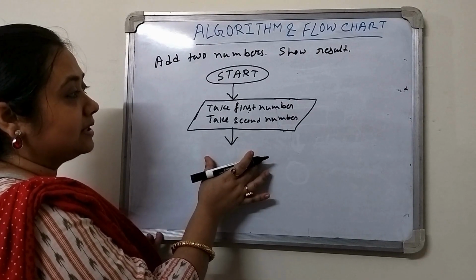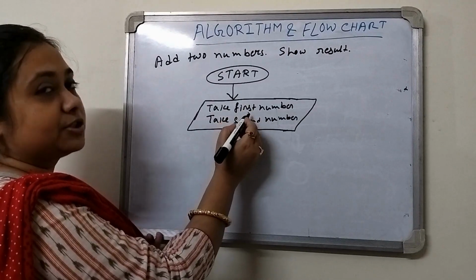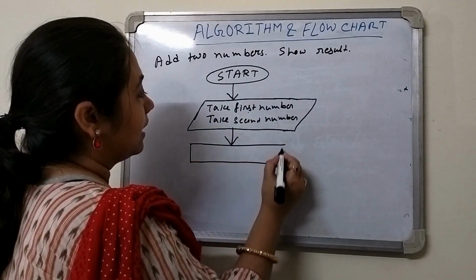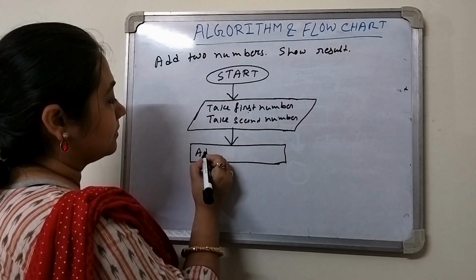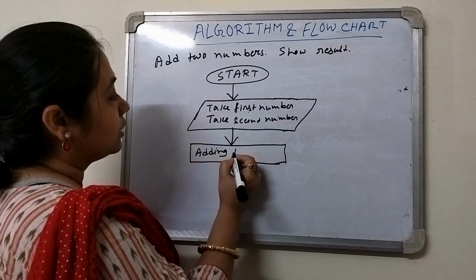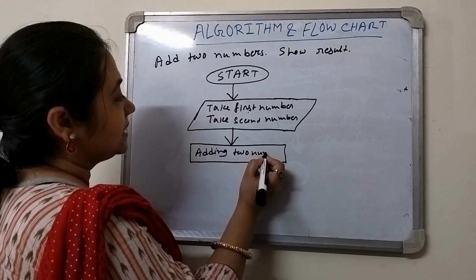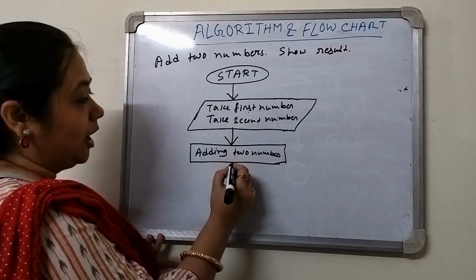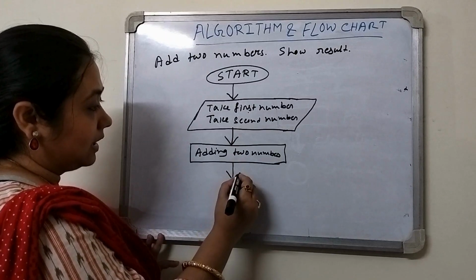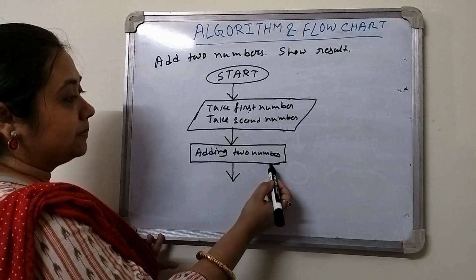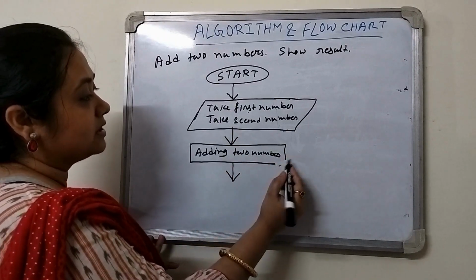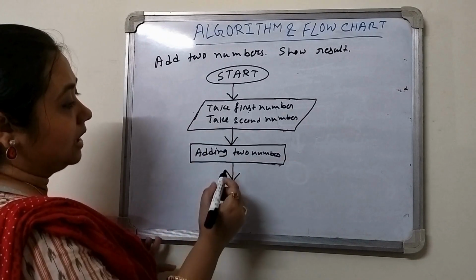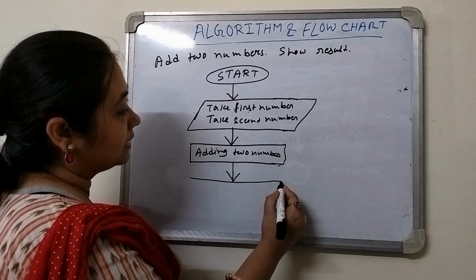What will be the processing? We have to add these two numbers. So in this part, we are adding two numbers in the process. This is the third step. After that we draw again a flow line, because after processing we'll get the output. The input and the output symbols are the same.